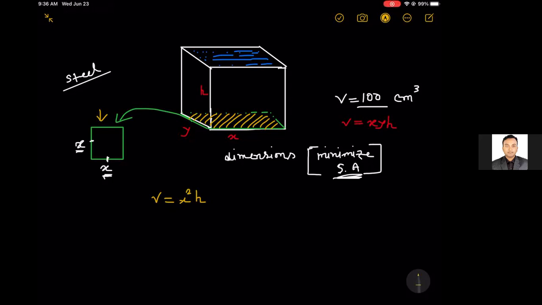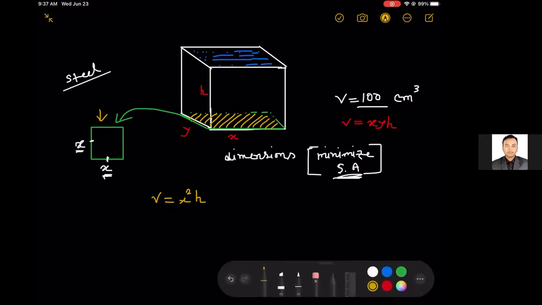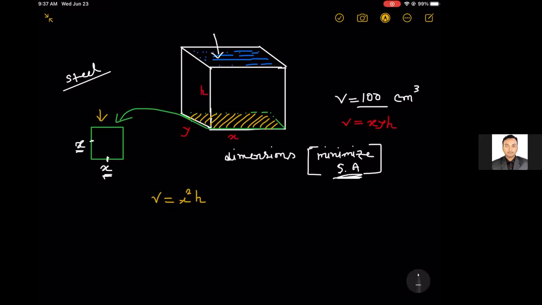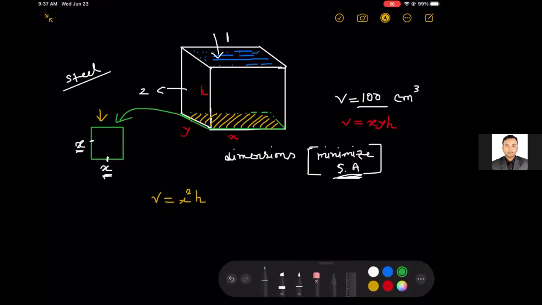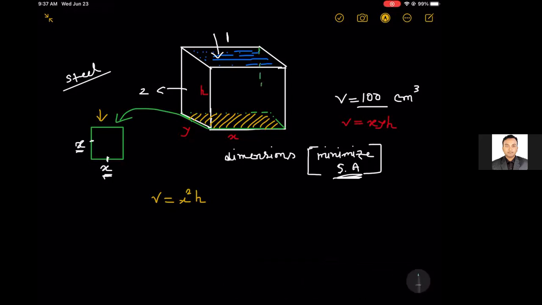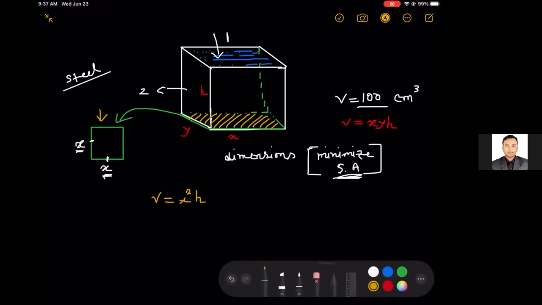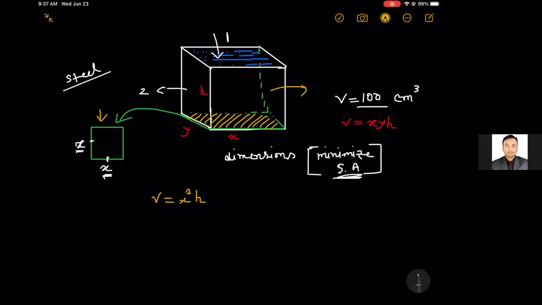So in general, for this type of object, you have 6 sides. Let me show you how. In general, I'm telling you, not for this problem. So this is the first surface, that's surface 1. This is surface 2, okay? And you actually have another one here, right? So this is surface 3.